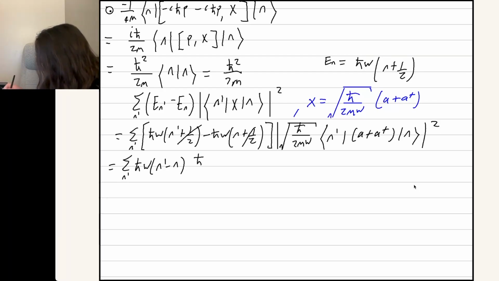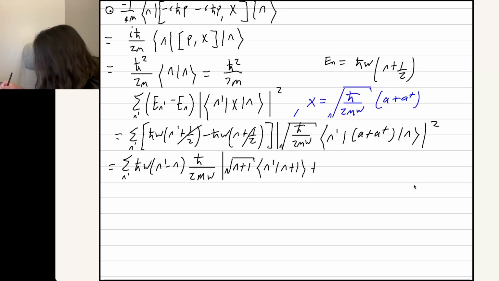We can pull out the h bar over 2m omega just by squaring it. And then the matrix element is now looking like n prime, and then we'll have a raising operator and a lowering operator, so we'll have root n plus 1 times the overlap of n prime with n plus 1, and also a lowering operator, so we'll have root n times the overlap of n prime with n minus 1.